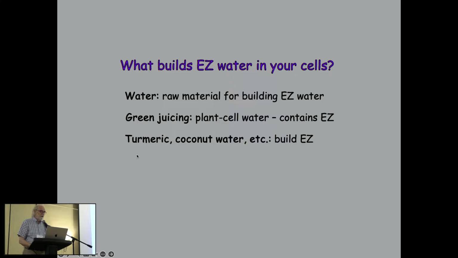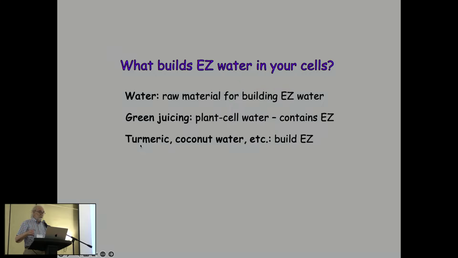Another is that there are various substances that have been known since Ayurvedic times to be good for health. And we wondered whether the reason these substances are so good for health, a wide range of health applications, is maybe that they build easy water.